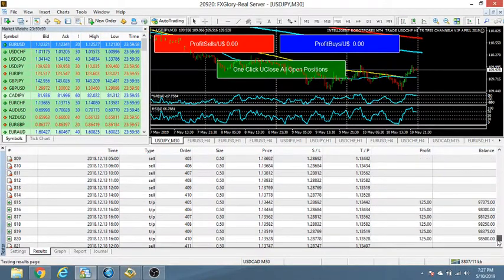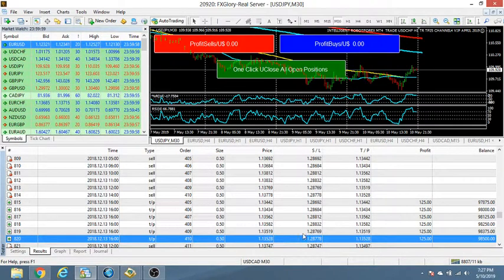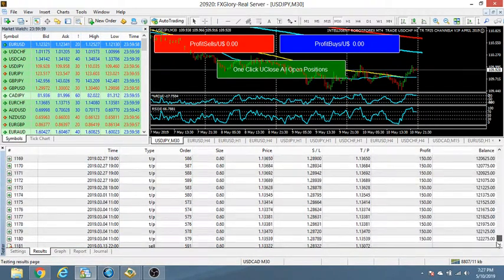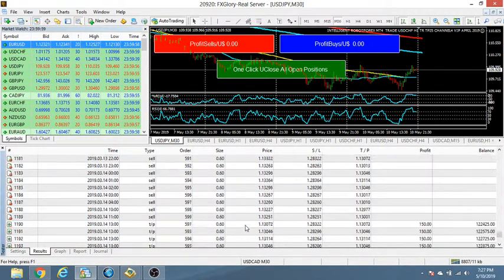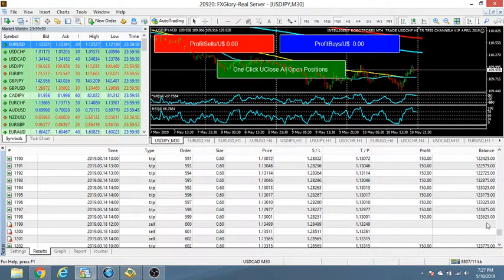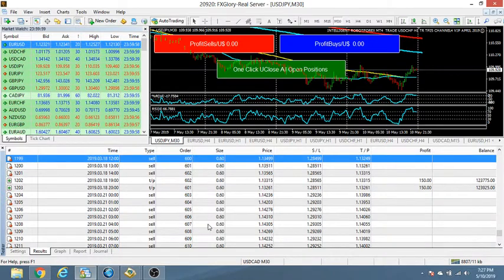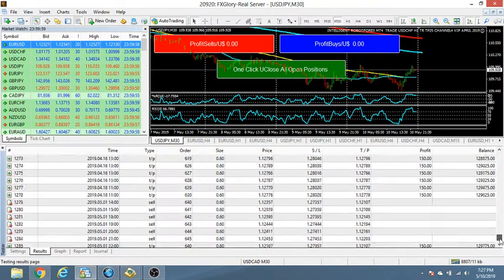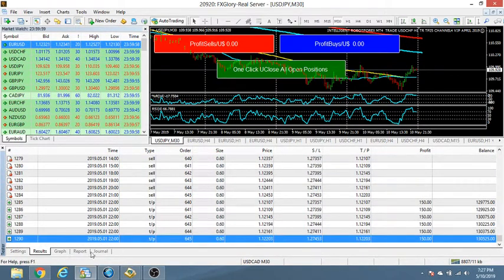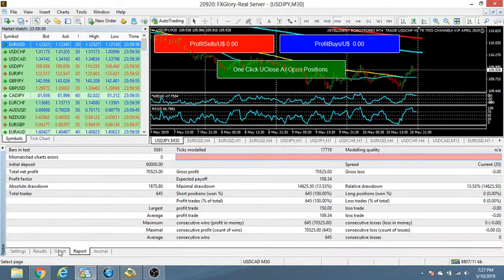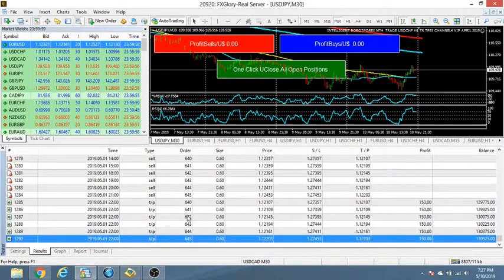You can see it starts at 0.3, then 0.4, 0.5, 0.6. When they have more money in the account, it will increase automatically. See that? That's how it starts.